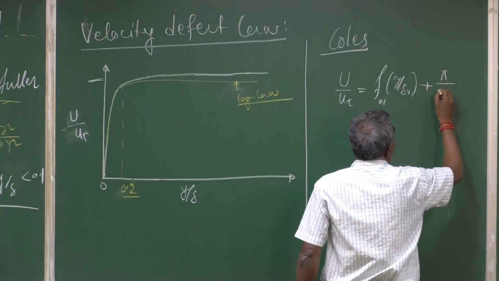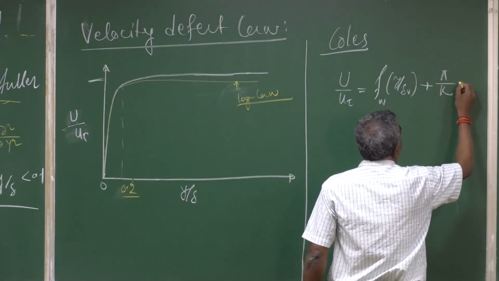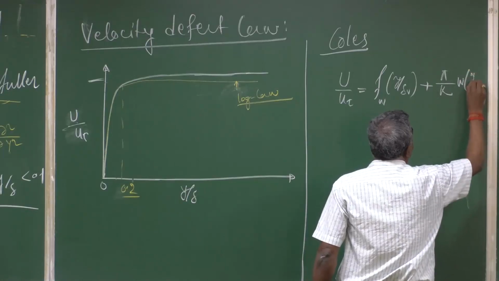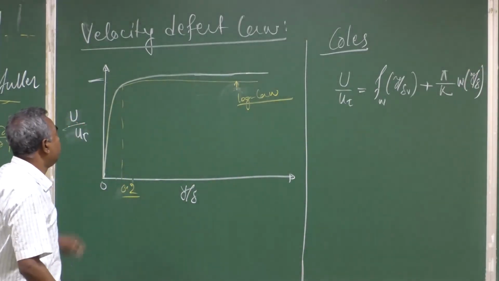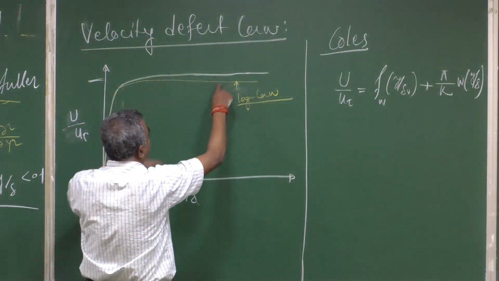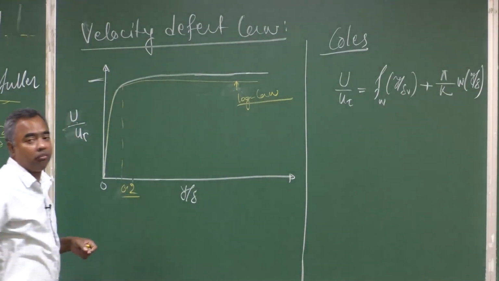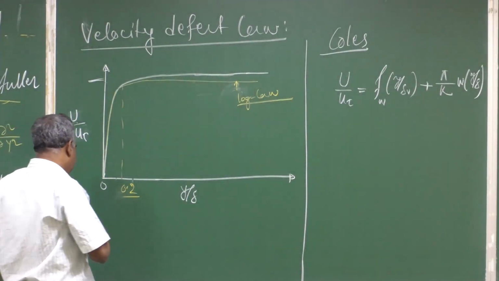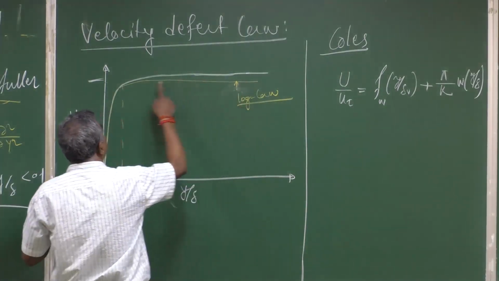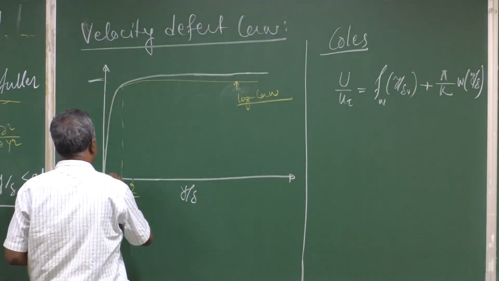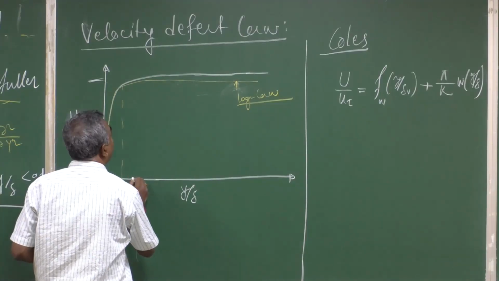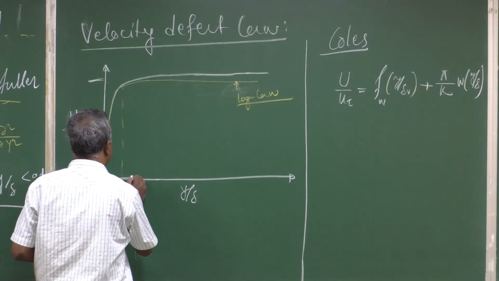This is pi by kappa and some weight function of y by delta, okay. So, he says since there is a deviation towards the free stream, what you can do is add this particular function plus another wake function, which will come something like this.